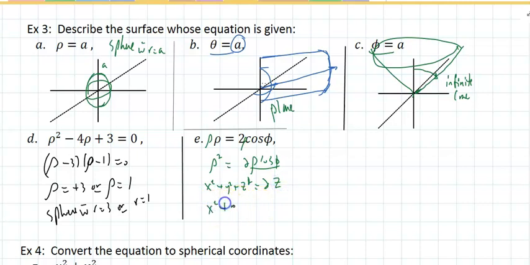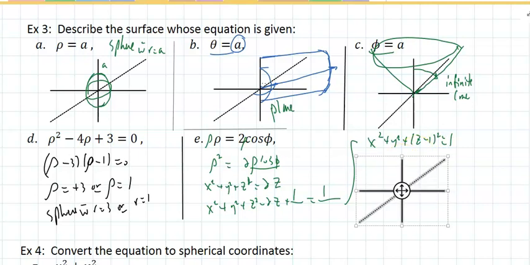So x squared plus y squared plus z squared minus 2z plus, take half of the middle number and square it. You're looking at x squared plus y squared plus z minus 1 squared equals 1. We know what that is. That is a sphere centered at 0, 0, 1, and you go one above, one below.